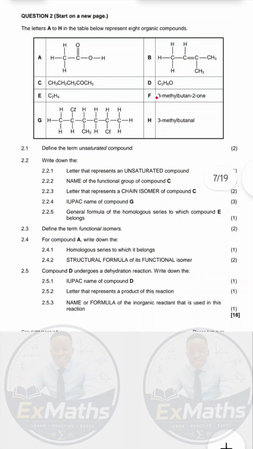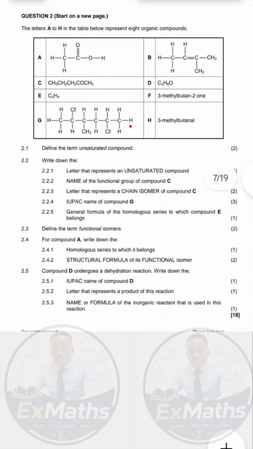And then F, 3-methylbutan-2-one. This one, ketones, they end with the suffix -one. So this is a ketone. Let's go to G. G, we have chloro and the methyl. But the methyl is just a side chain. Then chloro is the substituent.